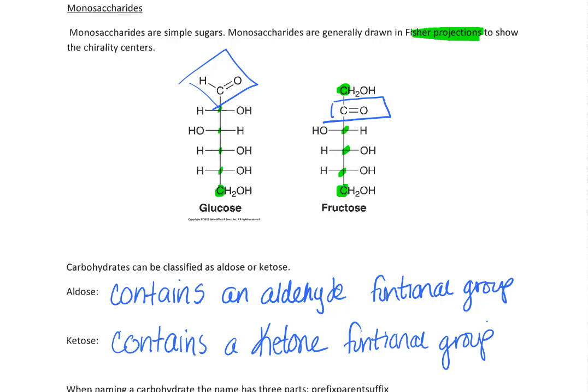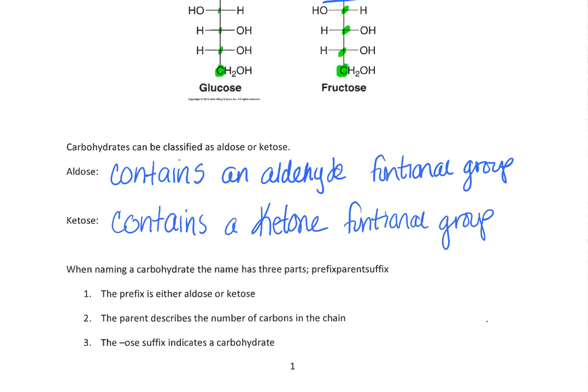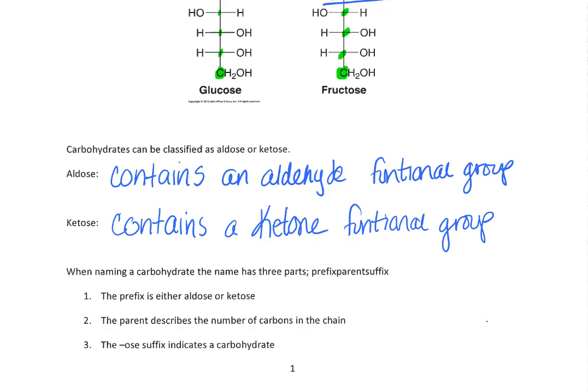So in addition to this very generalized set of terms, we can also name carbohydrates. The name has three parts: the prefix, the parent, and then the suffix. So the prefix is either aldo or keto. The parent tells you how many carbons there are in the chain, and the OSE suffix indicates carbohydrate.